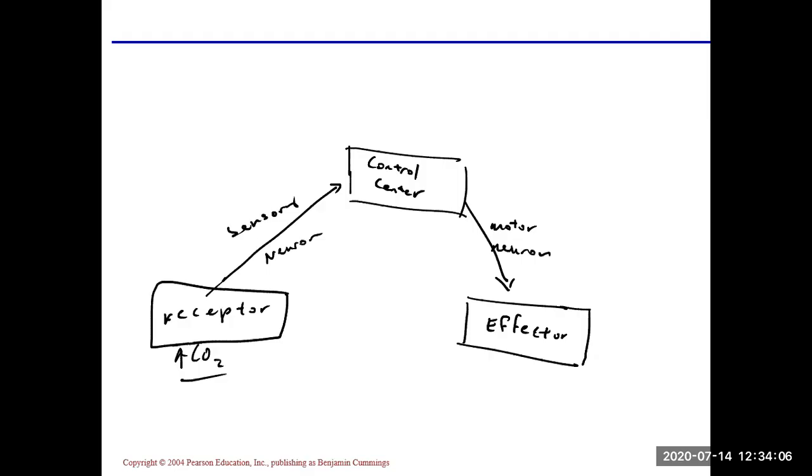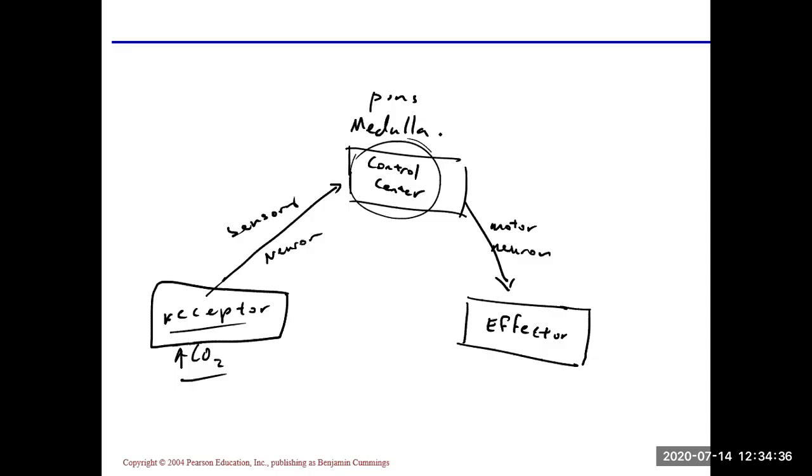These chemicals, the increased amount of carbon dioxide, this happened to be in the aorta and the carotid arteries, as I showed you. Anyways, they detect that. Okay, they send via the sensory neuron to the control center. Where is the control center? The two control centers for breathing happen to be the pons and medulla. In this case, it's in the brain.